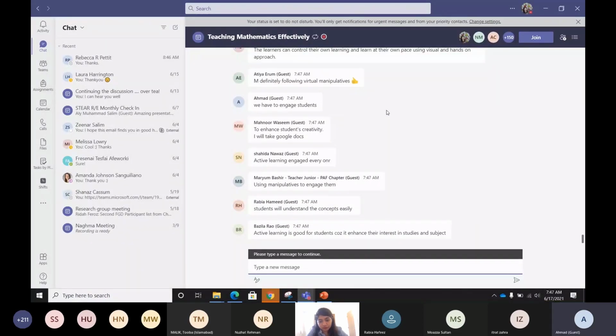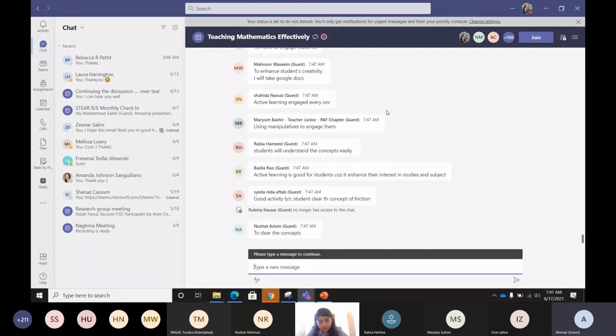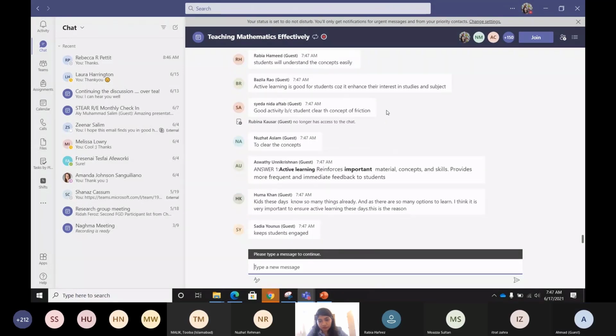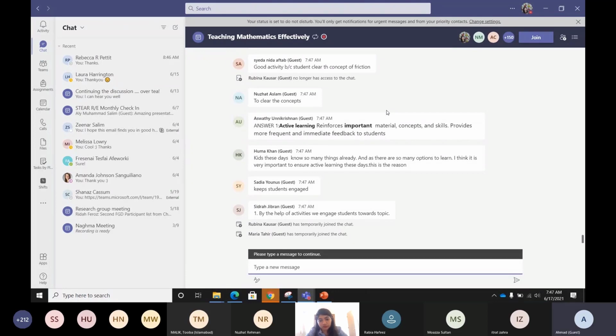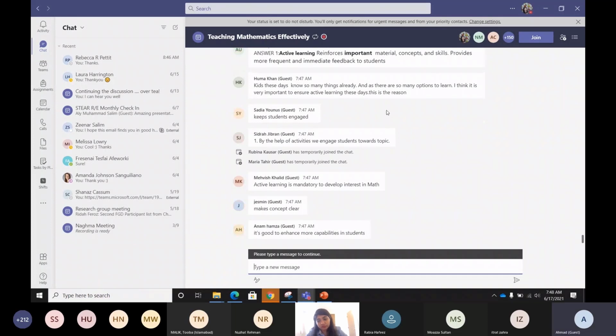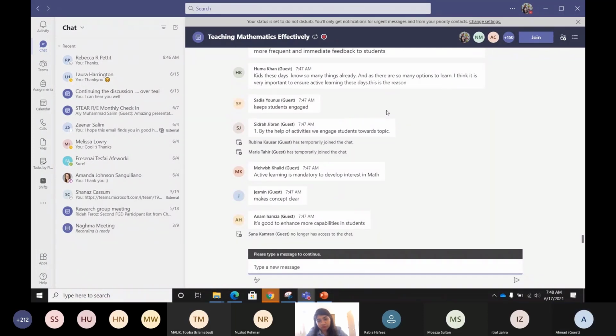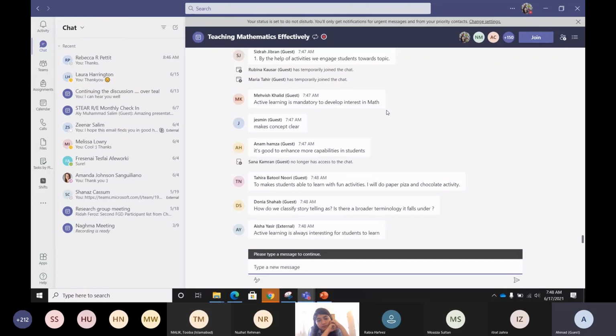One of the participants has written that they'll use virtual manipulatives to engage students, and they're talking about enhancing students' creativity. Manur is saying, I will take Google Docs, and it also enhances their interest in the studies and the subject specifically. And when they're talking about fractions, it's a good activity. One of the participants is appreciating.